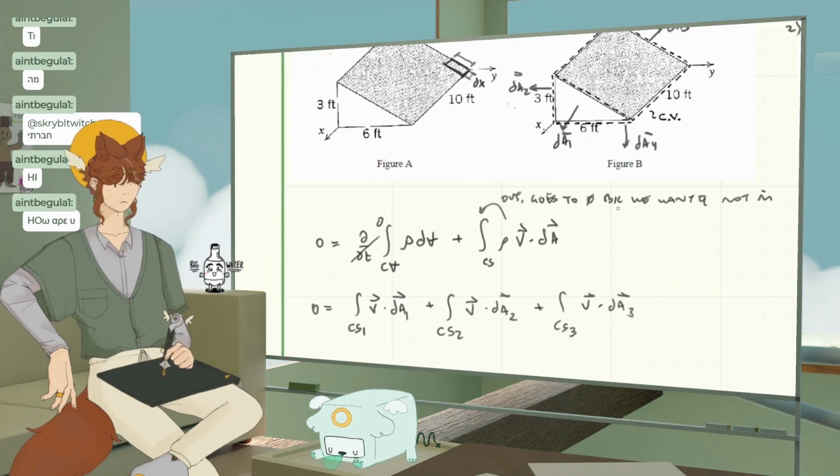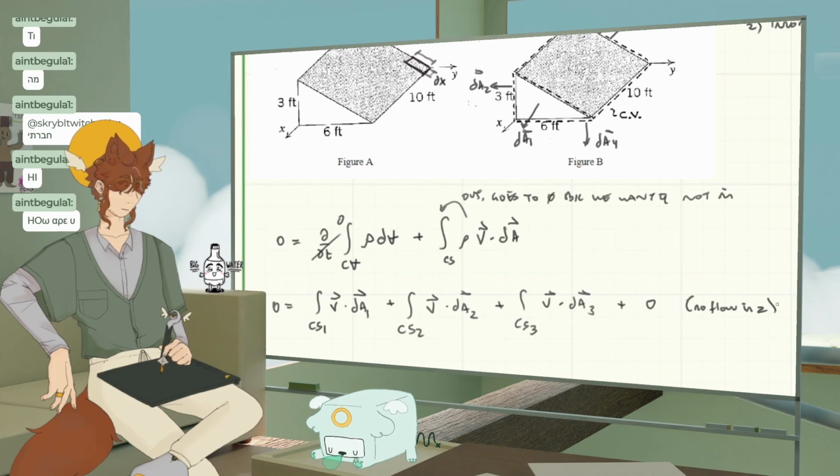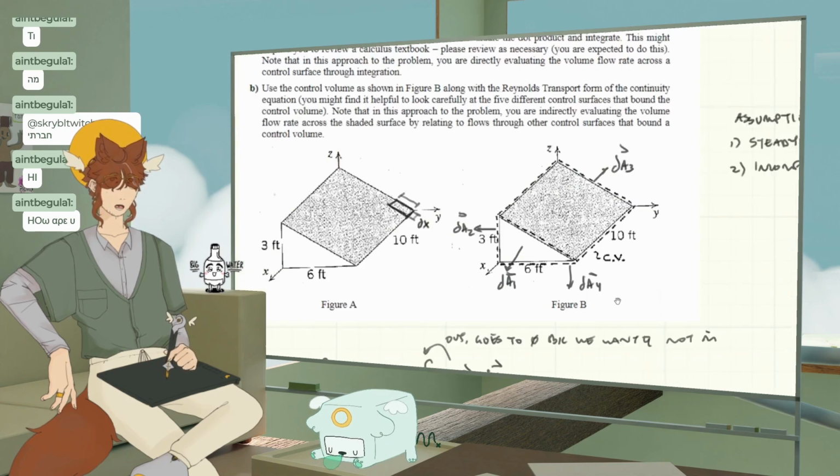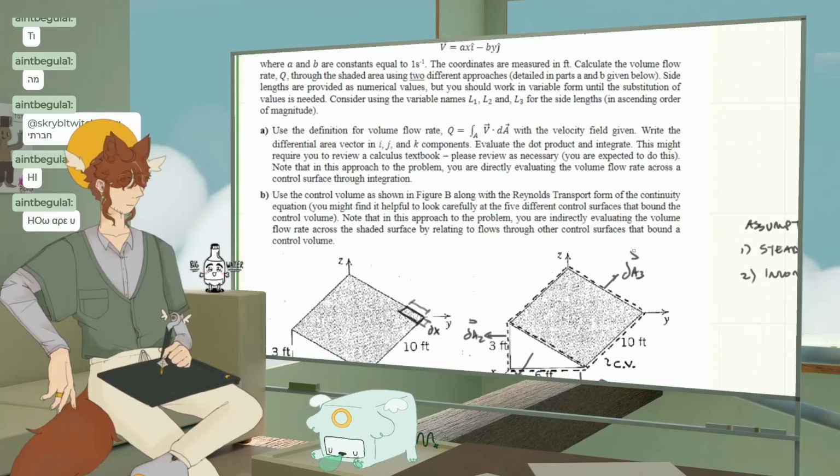Okay, so dA4 is 0 because there's no flow in Z. And then dA3, yeah, we are gonna have some stuff here. So that's gonna be AXI.